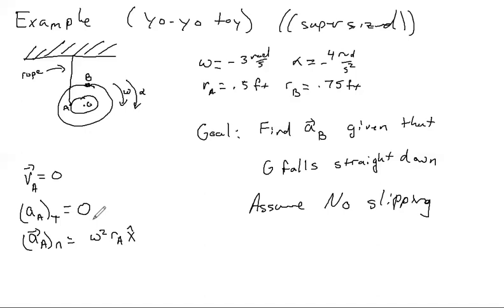Those are the results we had when an object rolls without slipping, and we worked it out when things were level to the ground. But if you tip your head, this is the same problem. So that's going to help us, the fact that we only have one acceleration component at the point of contact. Okay, so we can go through.